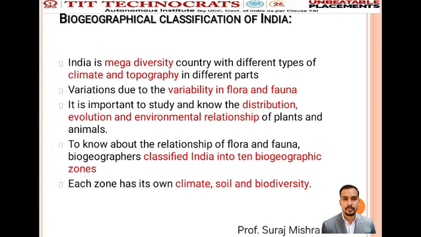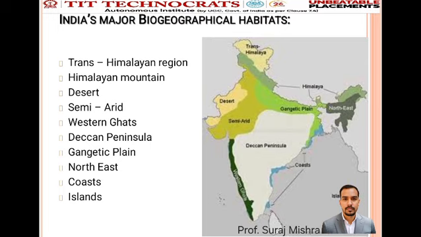To understand the relationship of these plants and animals, biogeographers have classified India into 10 biogeographical zones. Each zone has its own climate, its own soil, and biodiversity of flora and fauna. Here is the list of India's 10 major biogeographical zones.